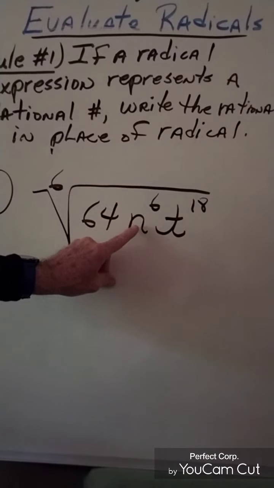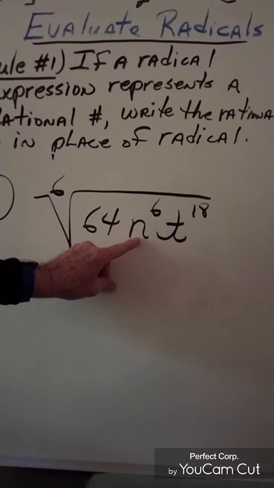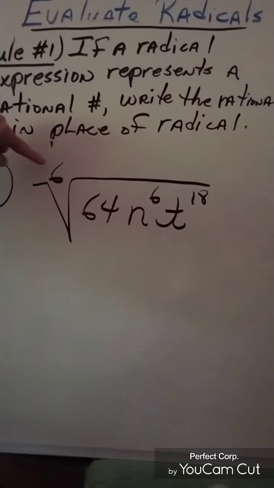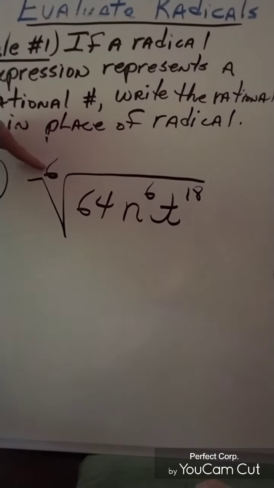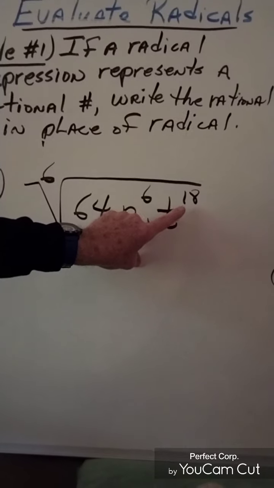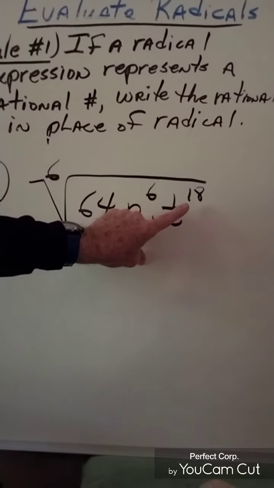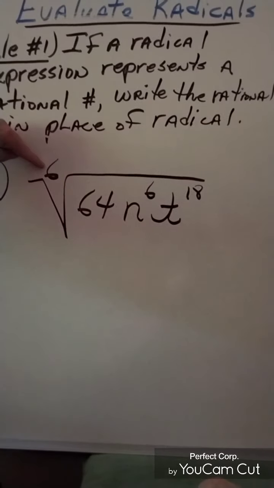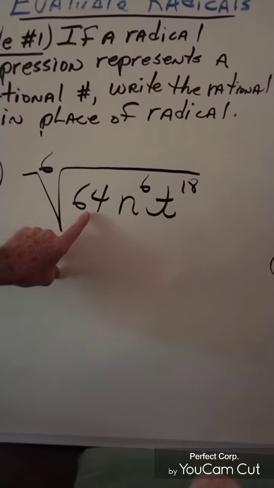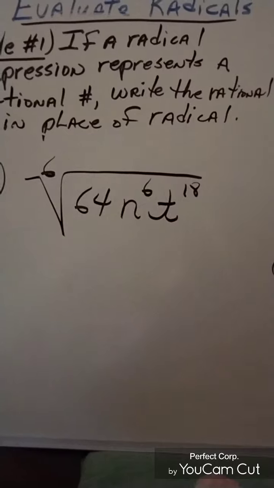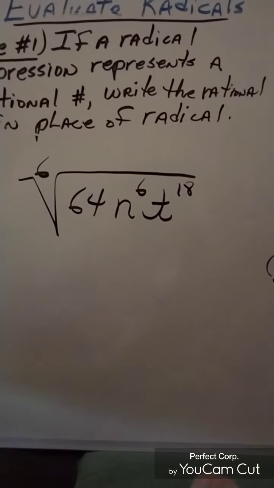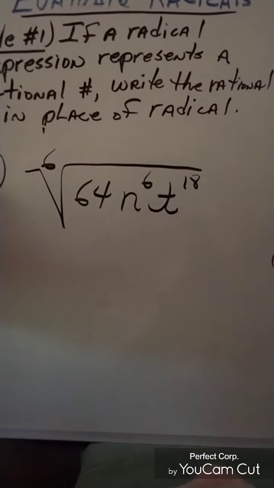This n to the 6th is a perfect 6th power because its exponent is evenly divisible by its index. T to the 18th is a perfect 6th power because its exponent of 18 is evenly divisible by the index. The question is 64. But if we use prime factorization, we'll find out if 64 is a perfect 6th power.